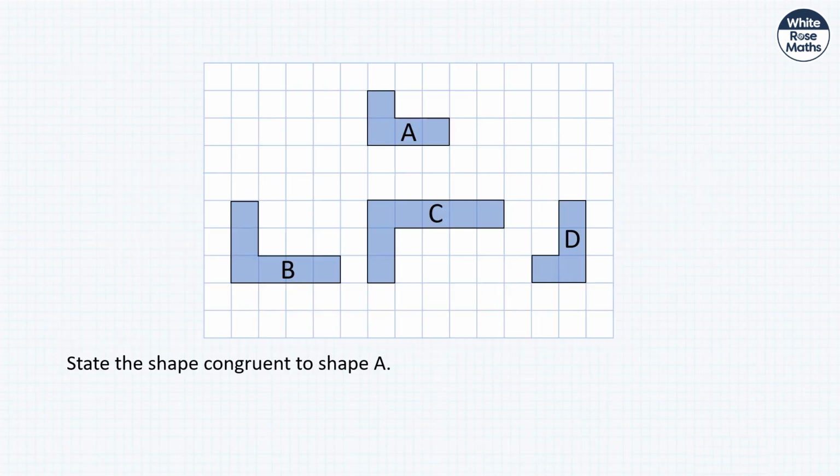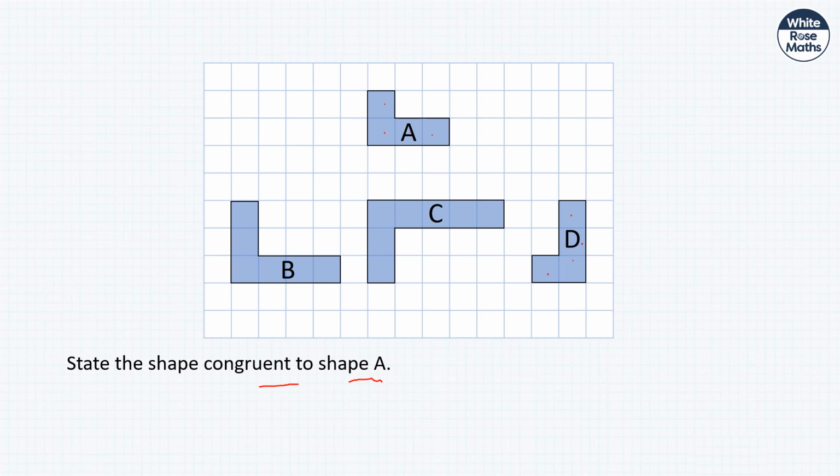Okay, next one. State the shape that is congruent to shape A. So congruent means the exact same sized shape. If you look here, I've got 1, 2, 3, 4 squares of my L shape, or compound shape, you could say. Look here, 1, 2, 3, 4.